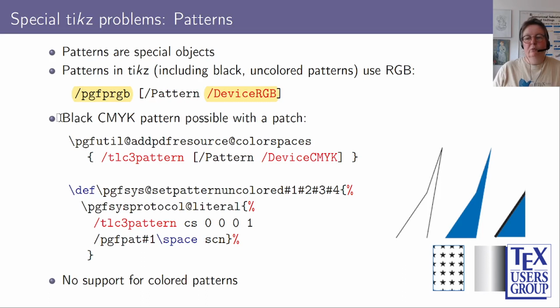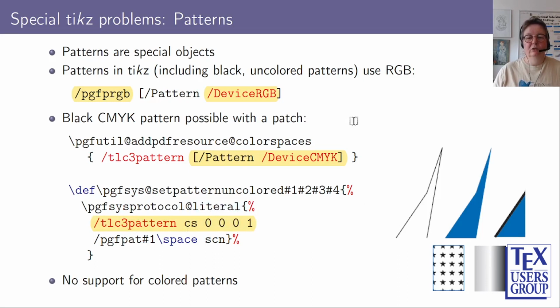We could manage to make a CMYK pattern by some patches. We added to the resources a keyword for a CMYK pattern, and then we patched the underlying low-level code, which adds the code to the PDF, and forced it to use our new pattern definition to get black and white.